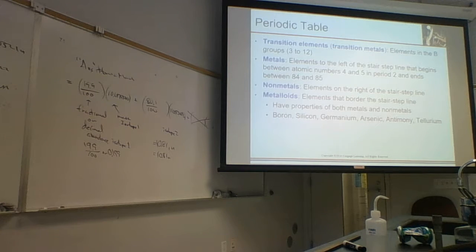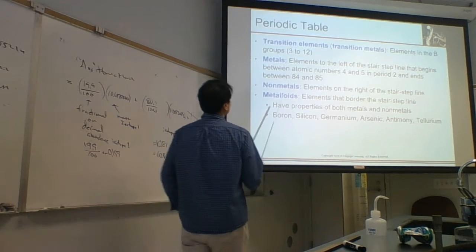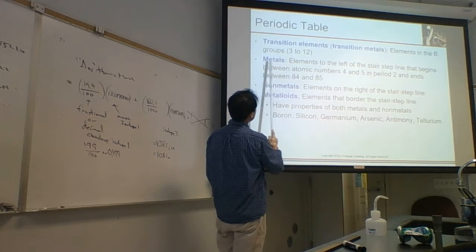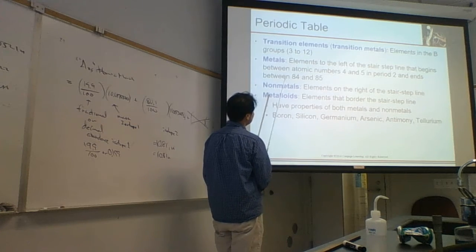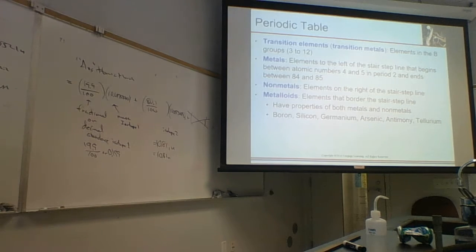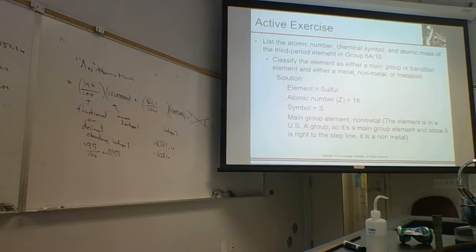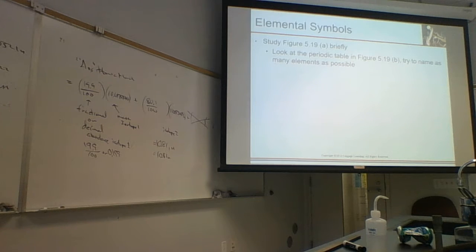We're going to learn this as we go along. It's not so critical. Transition metals or elements, metals, nonmetals, metalloids. We'll talk about these as we go along in the properties. And so we just classify sulfur as a nonmetal based on its position.